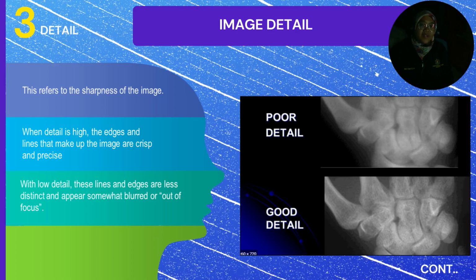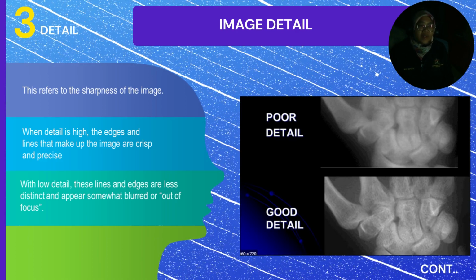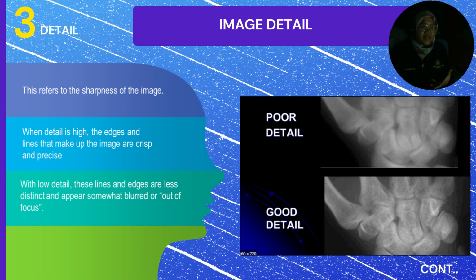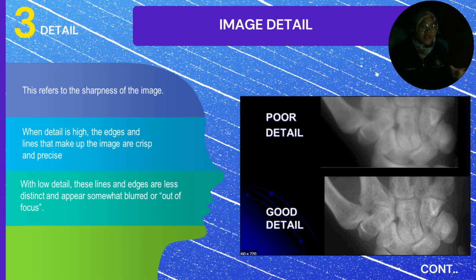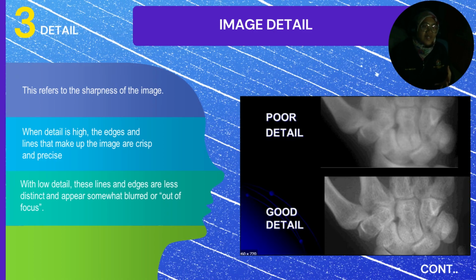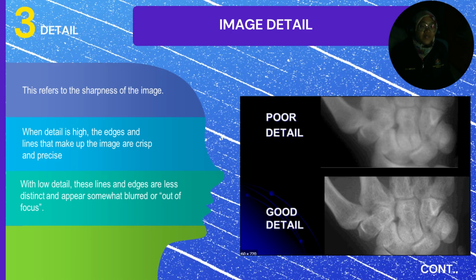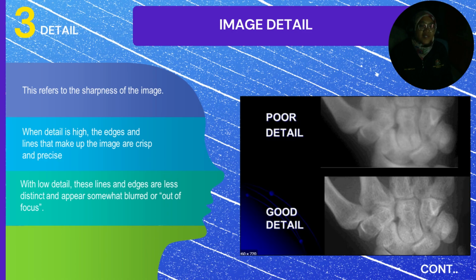The third factor affecting image quality is image detail. This refers to the sharpness of the image. When the detail is high, the edges and lines that make up the image are crisp and precise. With low detail, these lines and edges are less distinct and appear somewhat blurred or out of focus.